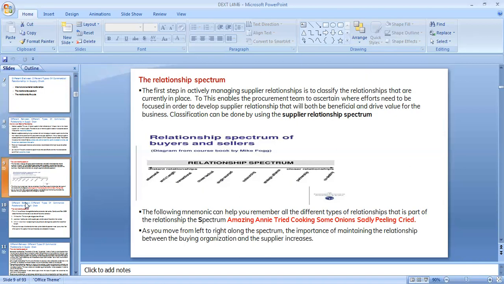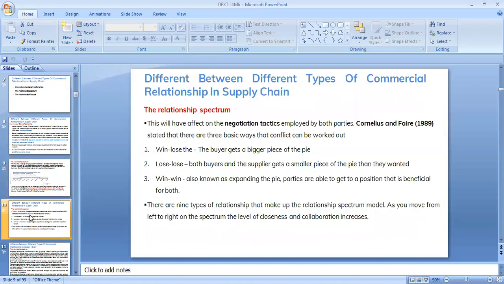Before that, let's see this. I said the relationship spectrum will have an effect on the negotiation tactics. Can you see that? Yes. Because it influences your negotiation. If it is adversarial, what do you do?